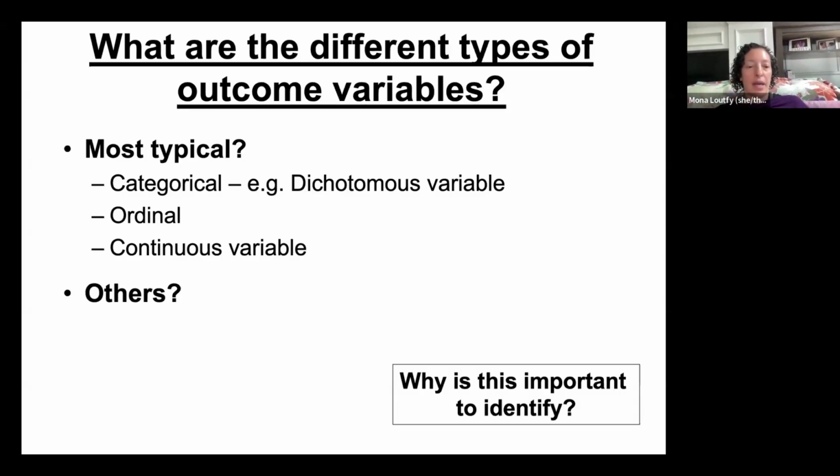And then an ordinal variable is a type of categorical variable that has an order. So we like to use ordinal variables, for example, if you are doing a Likert scale.